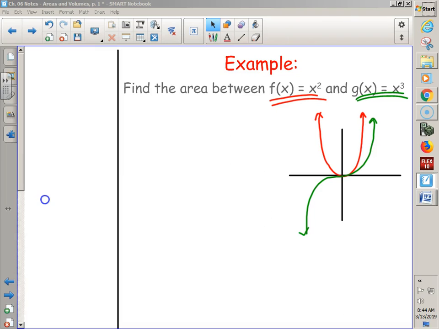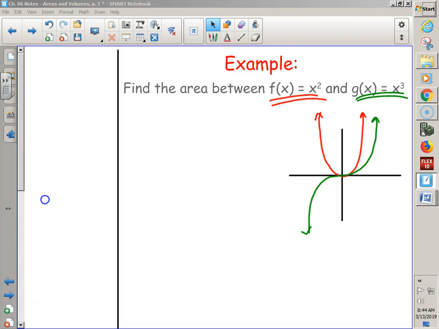Depending on how accurately you draw your graph, you might not actually see the area they want you to find. Do you guys see any area between? Now, if I start shifting it, yeah, but do you see any area between?